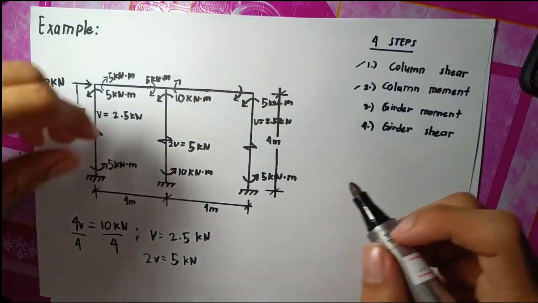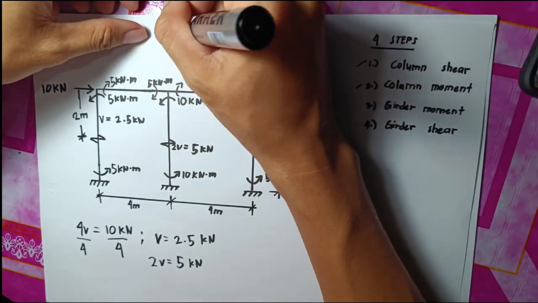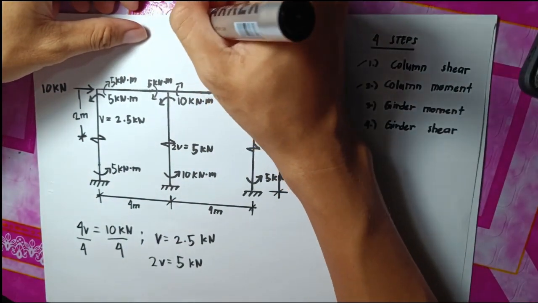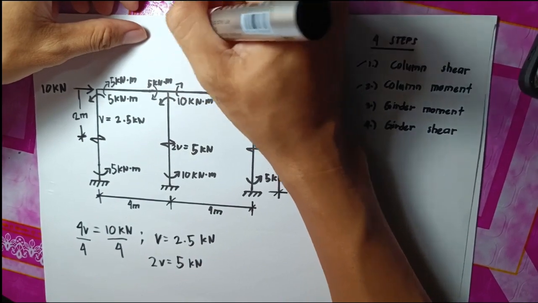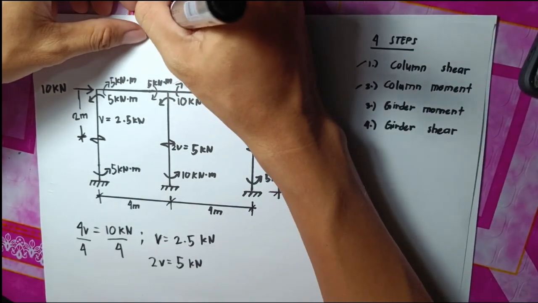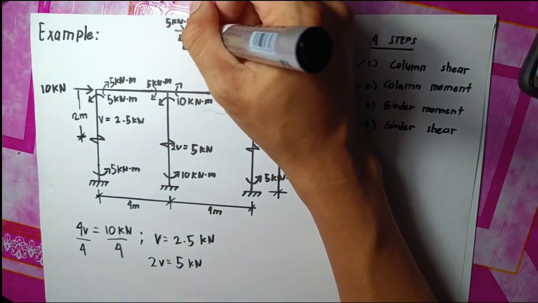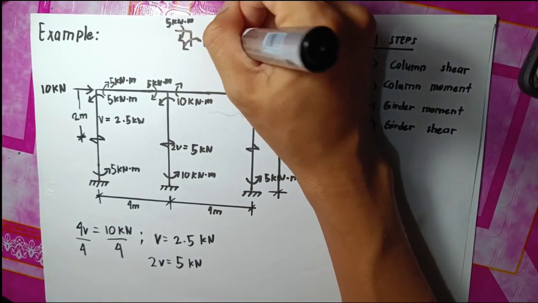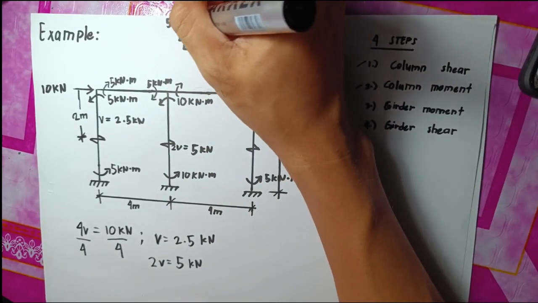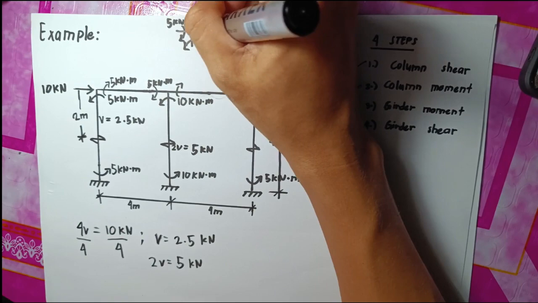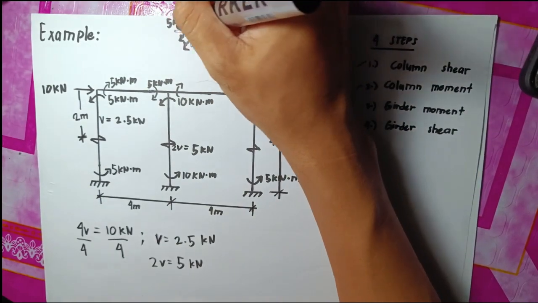So first, if this is the beam and the column and the moment 5 kN and 10 kN meter. So what we're going to do is subtract.